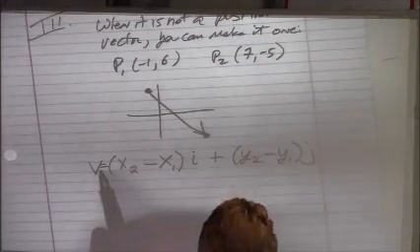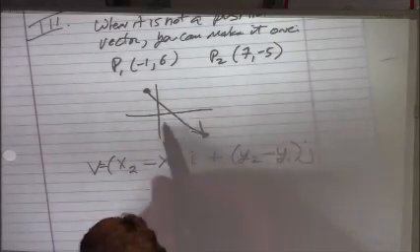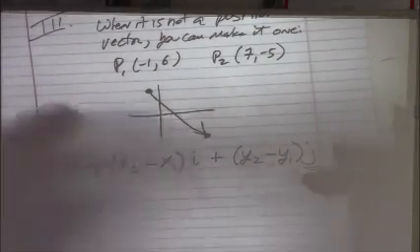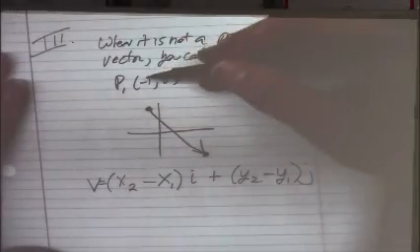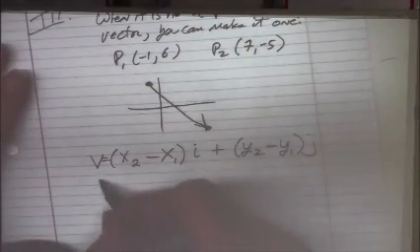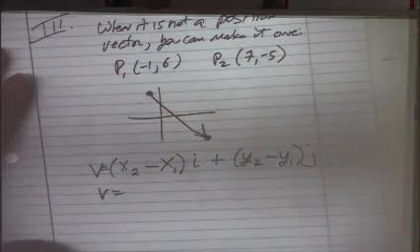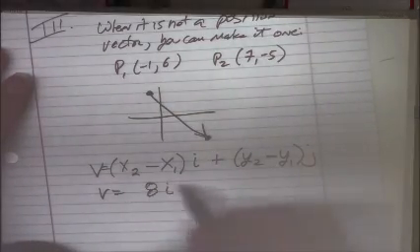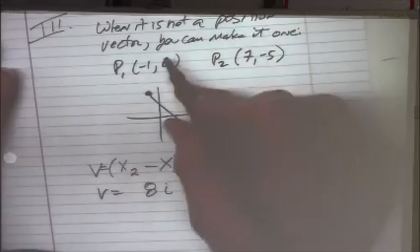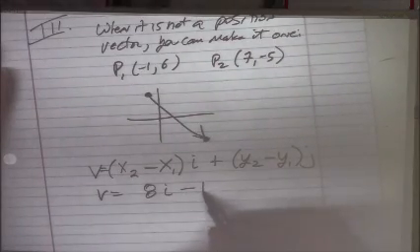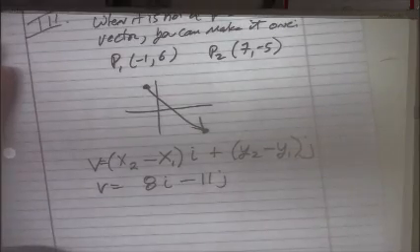So we'll get the vector name for the position vector, the i and the j, by doing 2 minus 1 with this. So it's going to be the 7 minus the negative 1. So that means it's equal to 7 minus a negative, which is 7 plus 1, which is going to be 8i. And then negative 5 minus 6, which is negative 11. So it's going to be minus 11j.